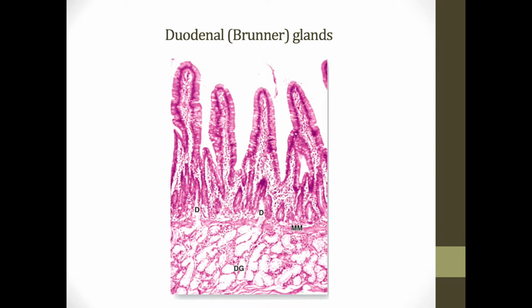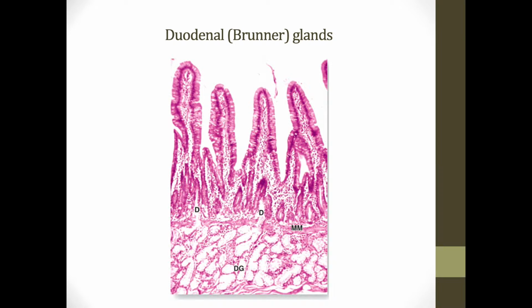So we know stomach, in both regions or only in one of them. In esophagus, not in stomach. Yes, submucosal glands are in esophagus, not in stomach. You remember?